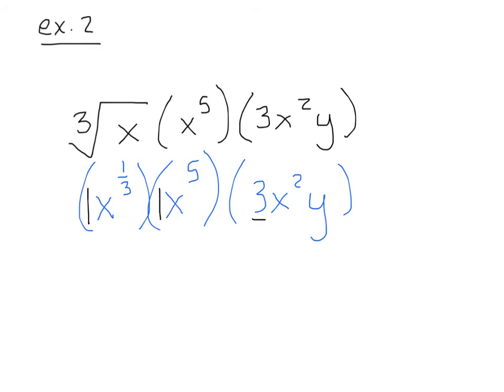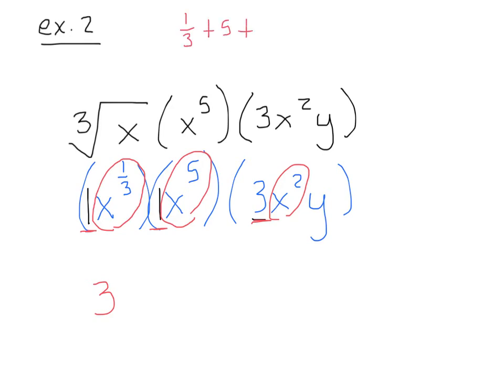And so what I'm doing is I'm going 1 times 3, which is 3. Okay? And then I have x to the 1/3 times x to the 5th times x squared. So I'm adding all those exponents, aren't I? I'm doing 1/3 plus 5 plus 2, which is 7 plus 1/3, which is 7.3 repeating, right?